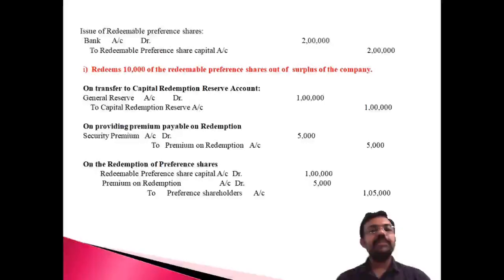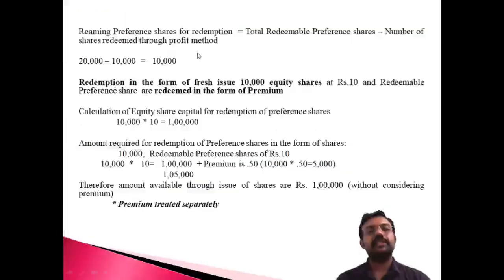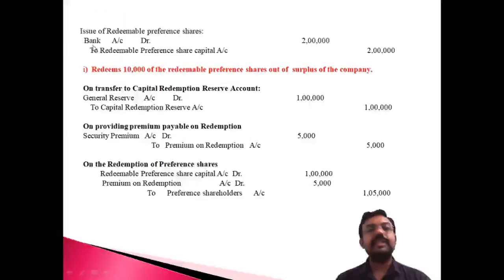Okay, at the journal entry point of view, the first journal entry is the redemption in the form they're issuing the redeem preference shares. Just see, they're issuing 20,000 redeemable preference shares rupees 10 each. So the first journal entry is issuing the redeem preference shares. The entry is the bank account debited to the redeemable preference share capital.